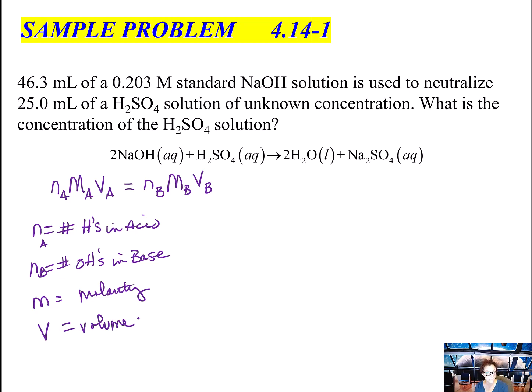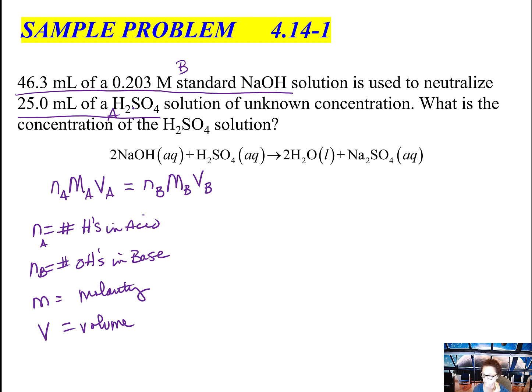All right, so for this one, I've got 46.3 milliliters of a 0.203 standard sodium hydroxide. So that's my base. And it's neutralized 25 milliliters of a sulfuric acid that I don't know. So that's the A. I do know the Ns because I know the formulas.